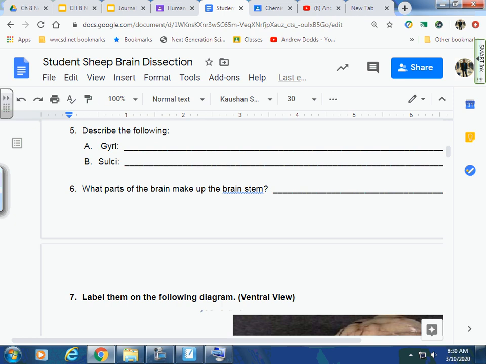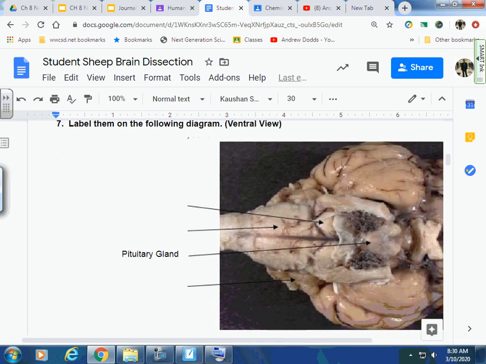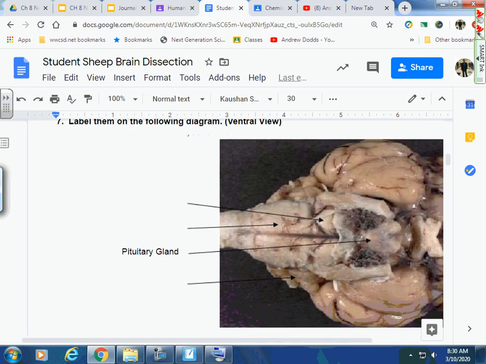All right, so number 7, labeling this diagram. So the pons. If we look from the back, the skinny portion right here is the uppermost part of the spinal cord. And then where it widens here, this is actually going to be the medulla. And then you can see some lines coming across here, which separate the medulla from the pons.